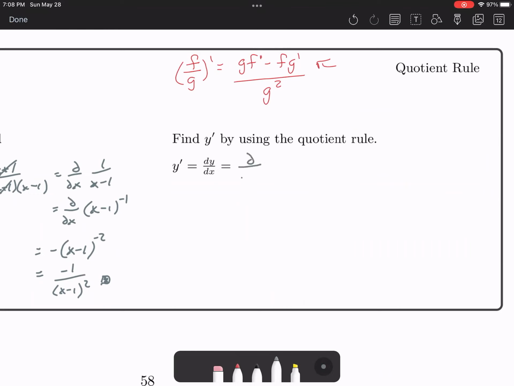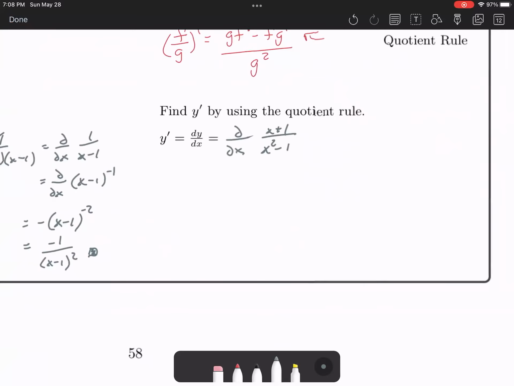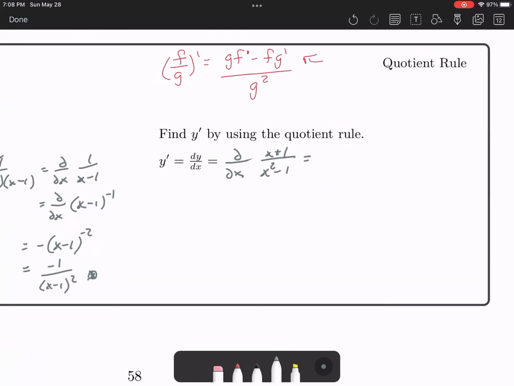So when we differentiate x plus 1 over x squared minus 1, let me double check that was the function. Yep. If we follow that pattern, it is going to be low d high, the derivative of x plus 1 is just 1, minus high d low, over low low.